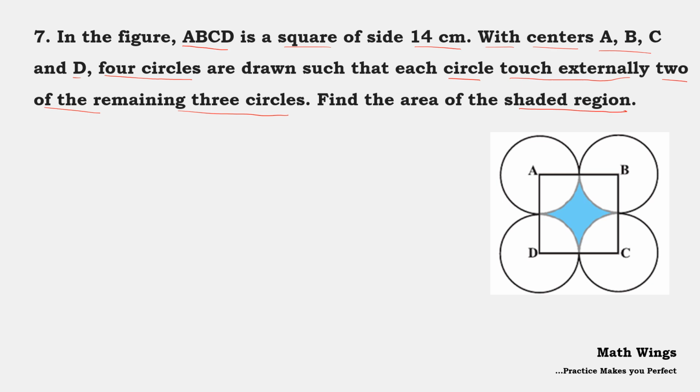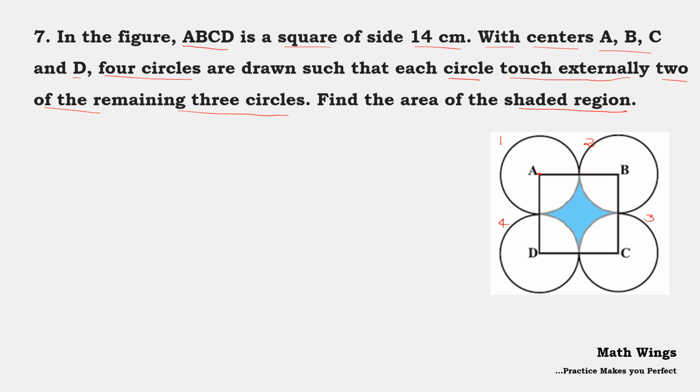So if you observe the diagram, we have a square ABCD and the circles 1, 2, 3, 4 are drawn by having the centers as A, B, C, D respectively.